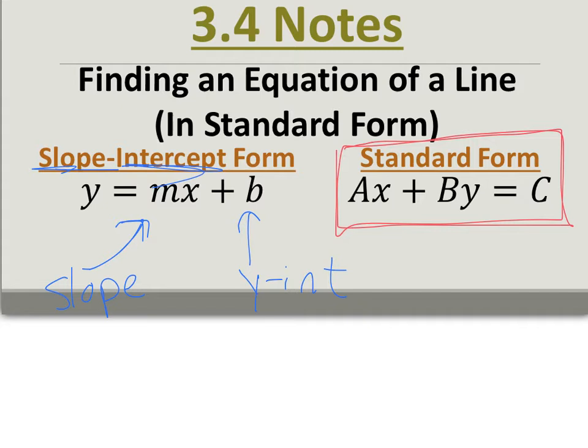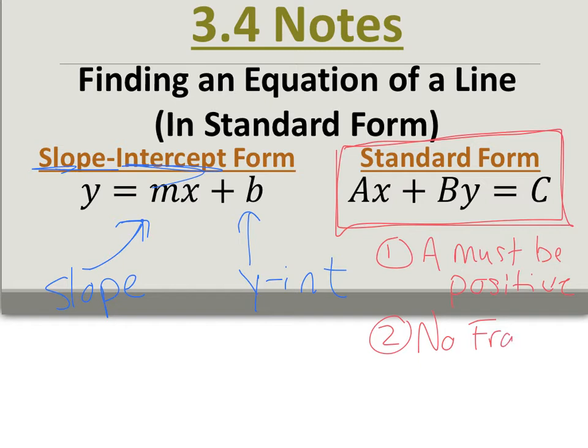It just means that there's a number in front of x and y, and then there's going to be a number where c is. The only stipulations are, 1, a must be positive, and number 2, no fractions.